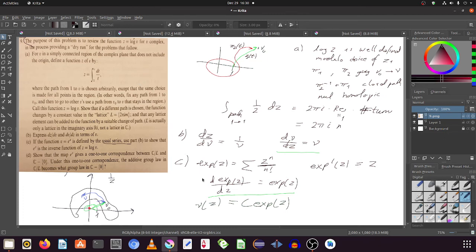So to use this argument, we need to be able to find a way from our region down to unity that does not go through the center, not through 0. That should be very possible.